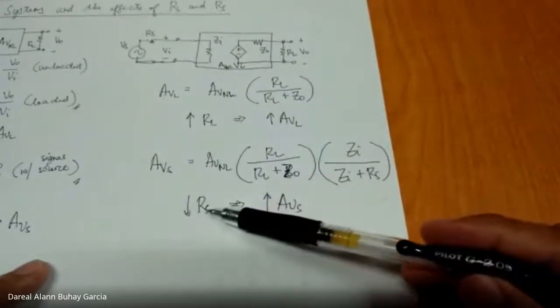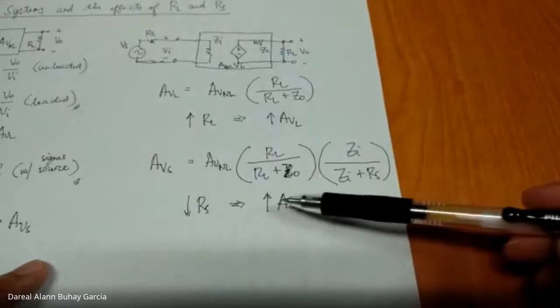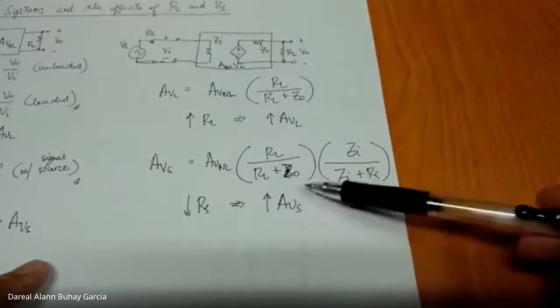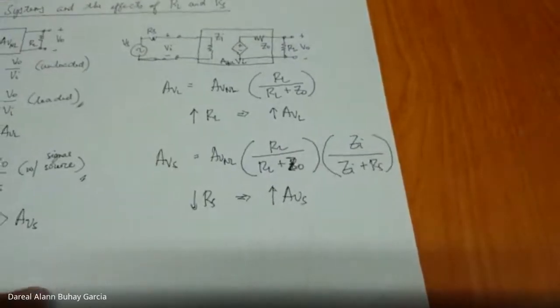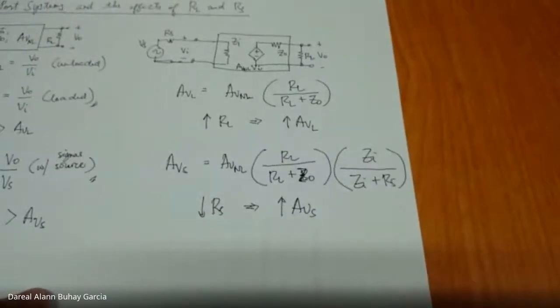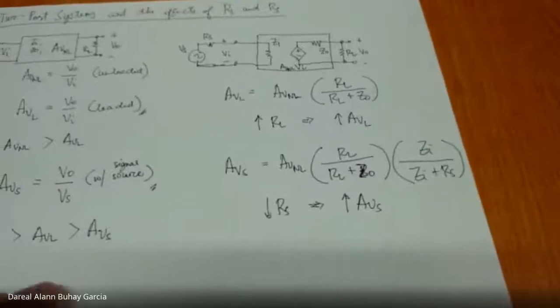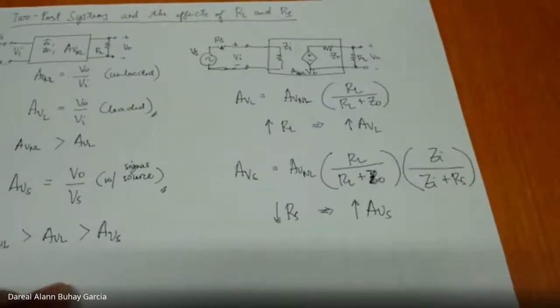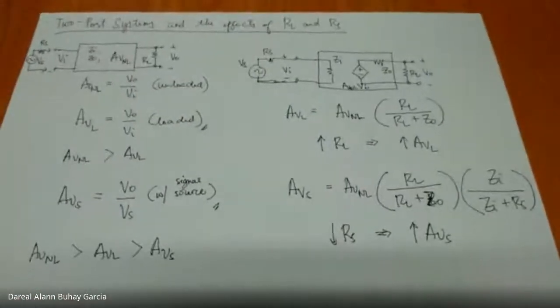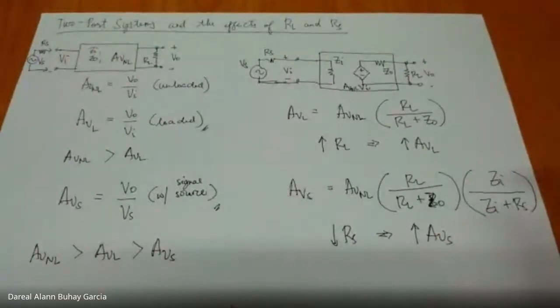But the smaller the value of RS, the larger the total gain. Okay, these formulas are not hard to memorize. Let's try to solve some examples.